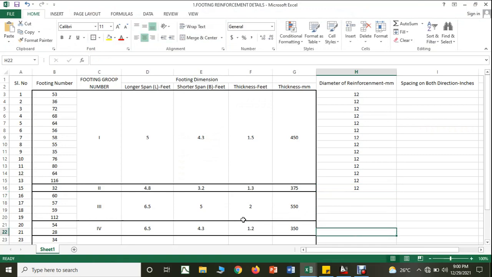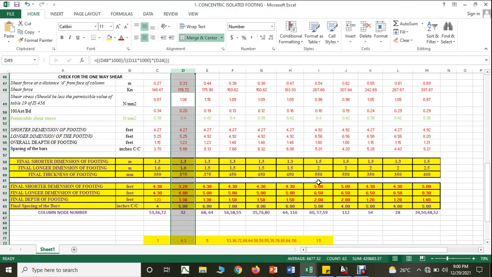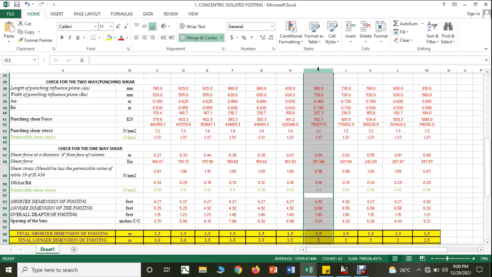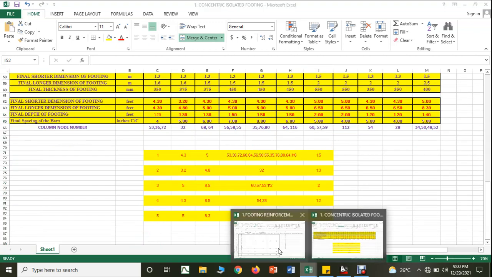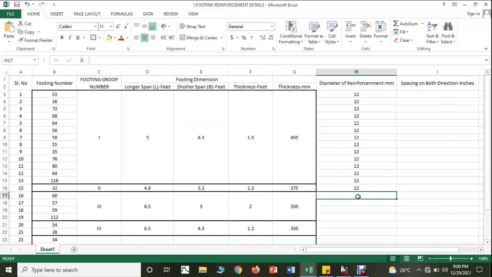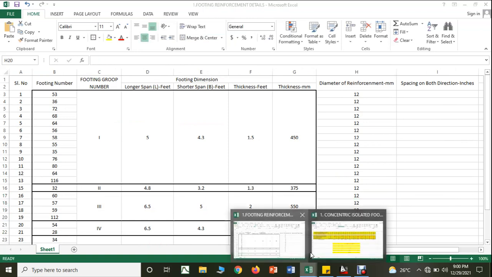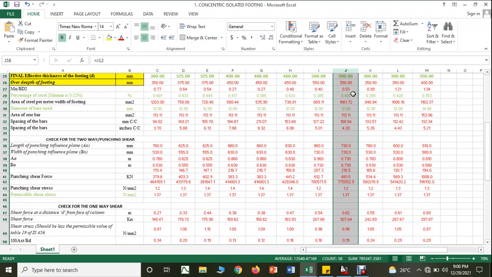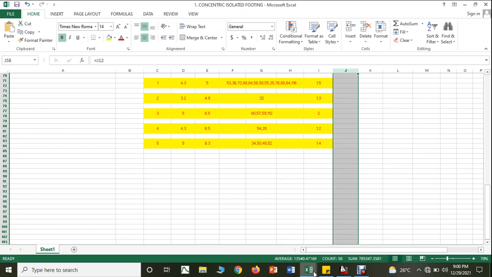Then you have 60, 57, 59, that is also 12. So 12, 12, 12. Then what about 112? 112 is also 12.